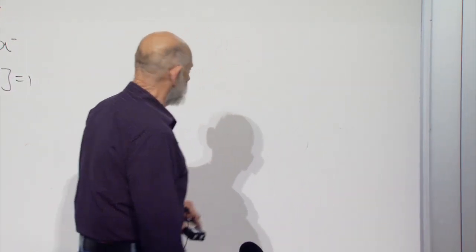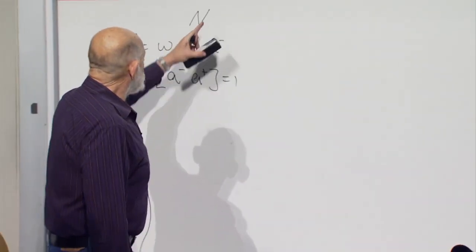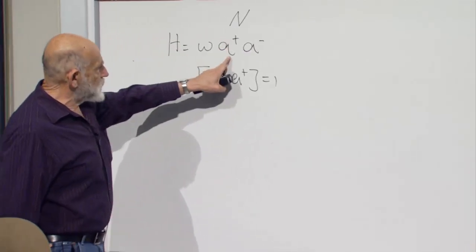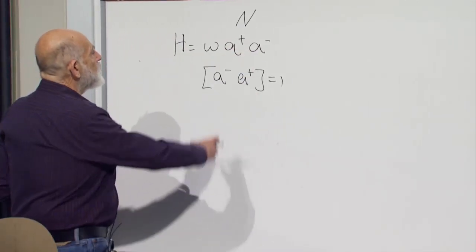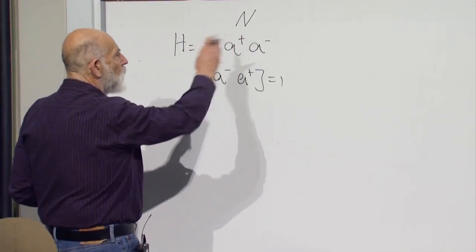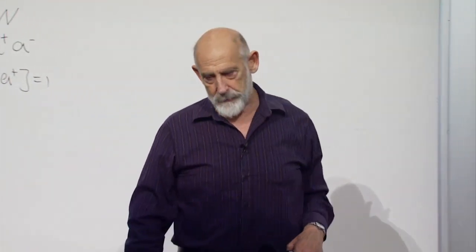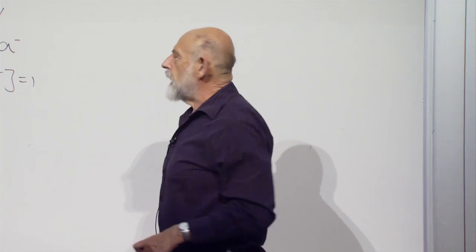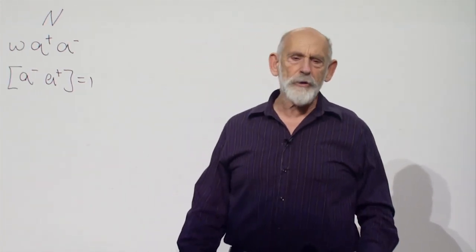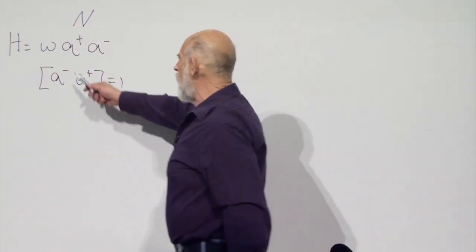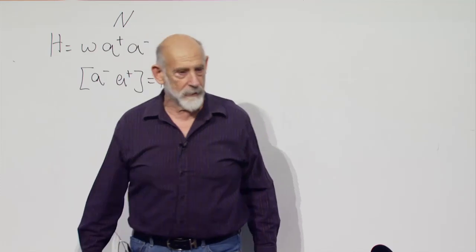Let's see what we can learn. First of all, this N object is a Hermitian operator. If you take an operator times its own Hermitian conjugate, it's always Hermitian. That's something you can check. That means N has a complete set of eigenvectors. Well, of course N is Hermitian. Apart from the factor omega, it's the Hamiltonian.